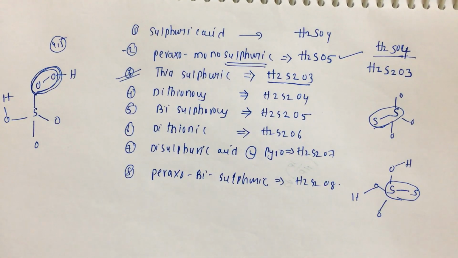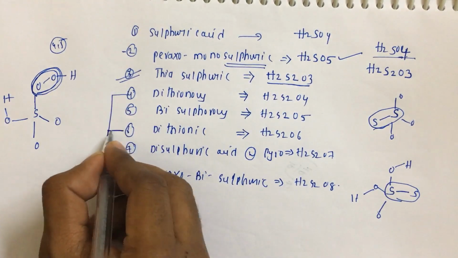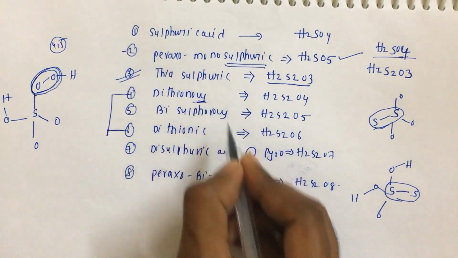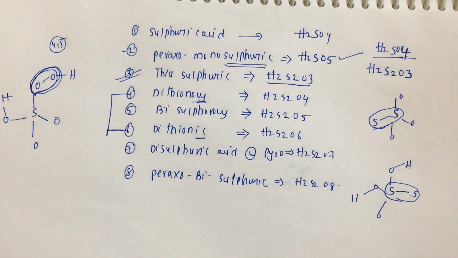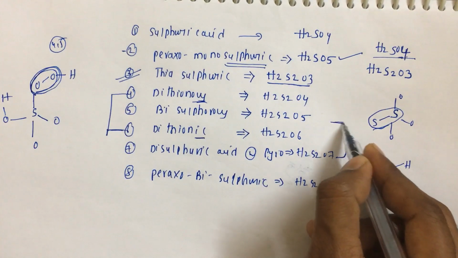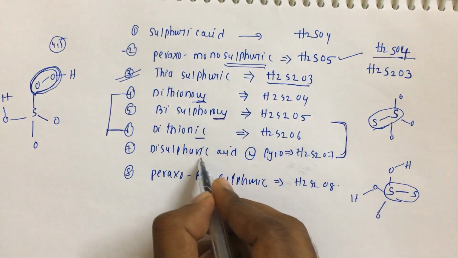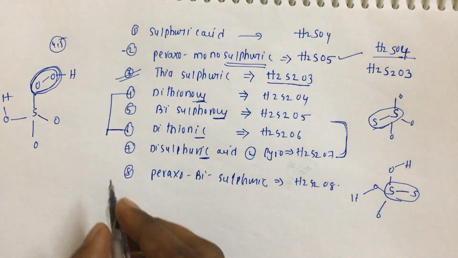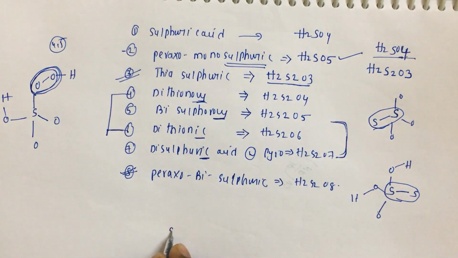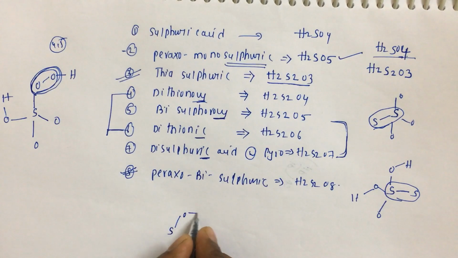Okay, next, the 4 and 6 are the same, only the prefix is changing. Here us, here ic. Okay, and 5 and 7 are also the same, because here also us, here ic. And the 8th one we have to remember, here one peroxy bond will be there like this.